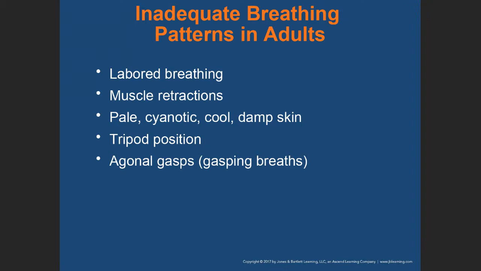I mentioned the muscle retractions. That's where the muscles start to be pulled in, right there. You see that in patients with chronic respiratory problems. The skin starts to get pale, right? So anytime there is a perfusion problem, the blood vessels within the body will constrict. When the blood vessels constrict, it is trying to redirect blood flow to your core organs, brain, lungs, heart, kidneys, right?